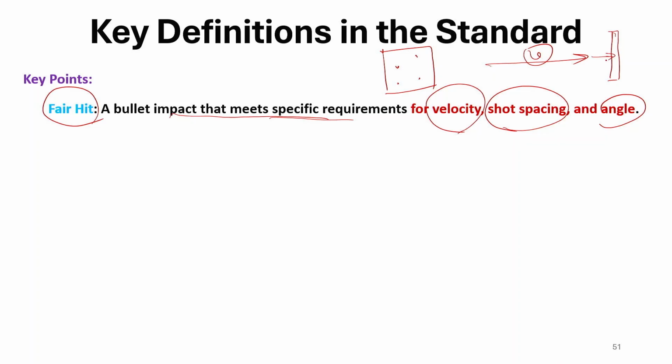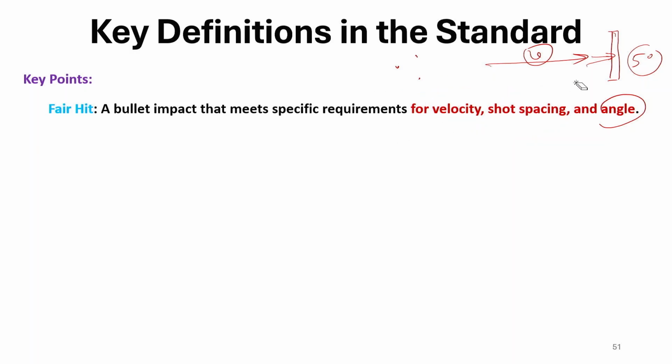This angle should ideally be 90 degrees, exactly perpendicular to the surface, but a little tolerance can be allowed. So, a maximum 5-degree deflection is allowed. If all these conditions are met, then we call it a fair hit, and that fair hit is taken into consideration for grading this body armor.